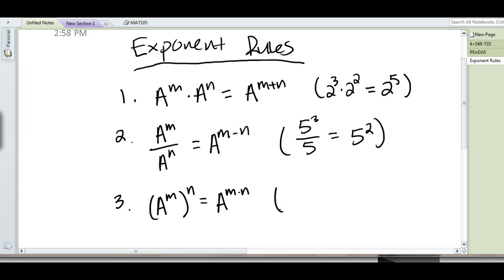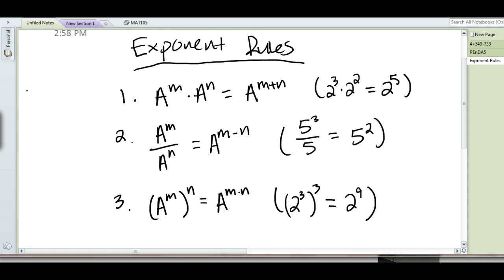You could see something like that if you had 2 to the third power, raised to the third power. You would have 3 copies of 2 cubed, which would give you 1, 2, 3, 1, 2, 3, 1, 2, 3, 9 total copies. So what we're doing here is we're multiplying the exponents.